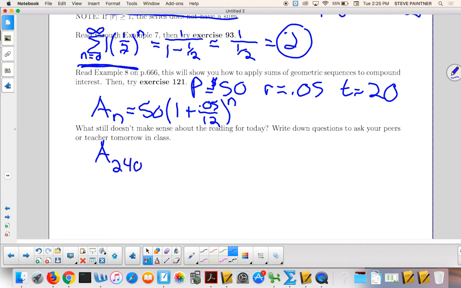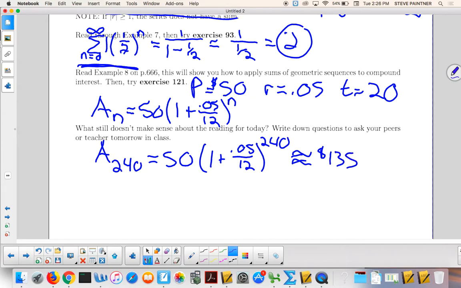So for 20 years or 240 months, that money is going to grow. So the value of that initial $50 is going to be this number. And if you plug that into your calculator, I believe you get something like $135.